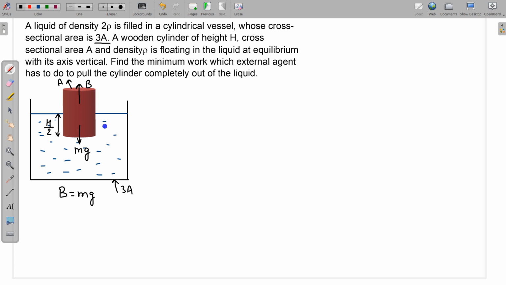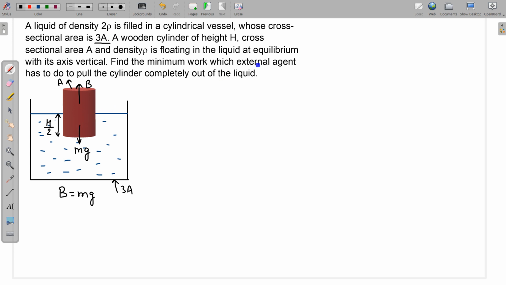But in this situation, since the area is explicitly mentioned, we must take into account the change in level of the liquid. So there will be two effects: the cylinder is going up and the level of the liquid is coming down.